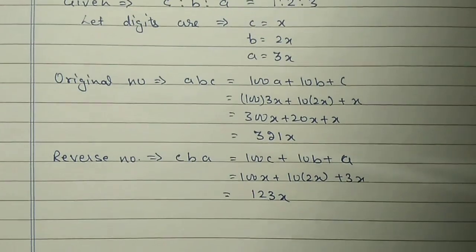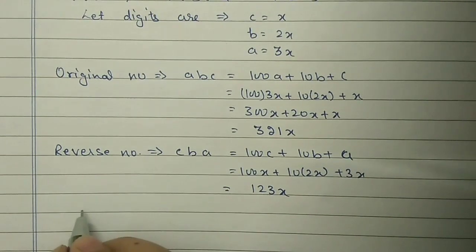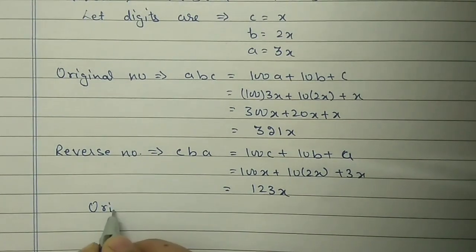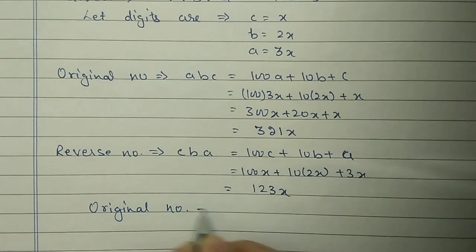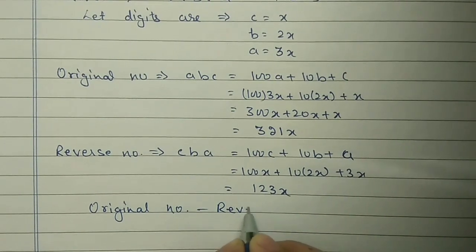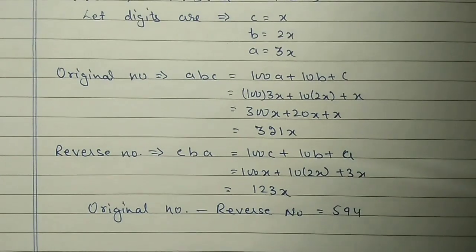Now in the question they have given the difference between the original number and the reverse number. Original number minus reverse number is equal to 594.